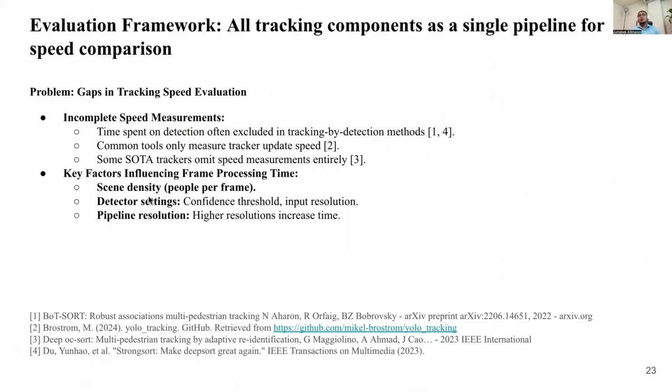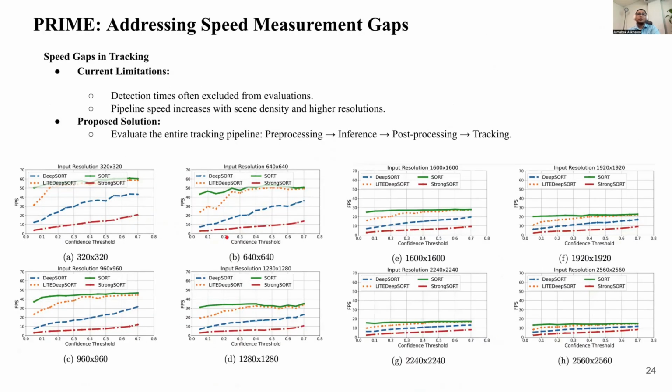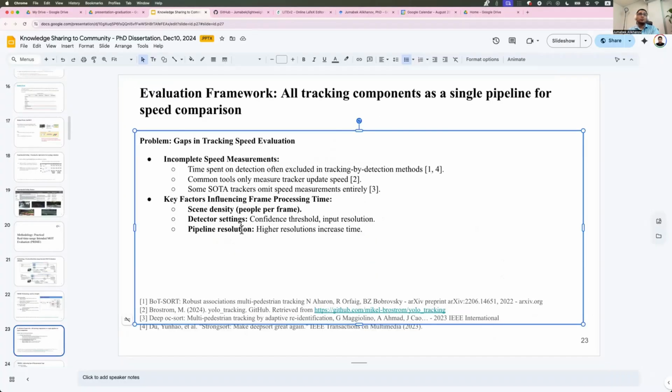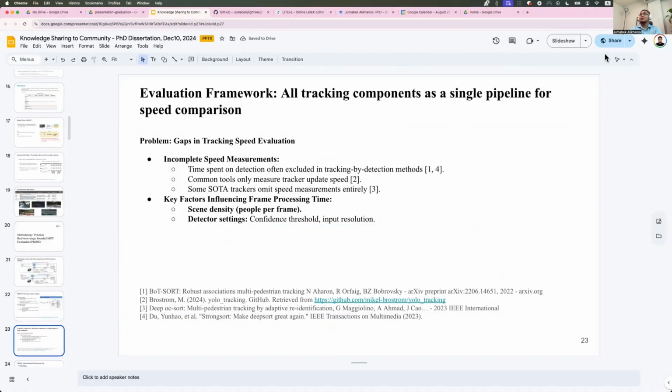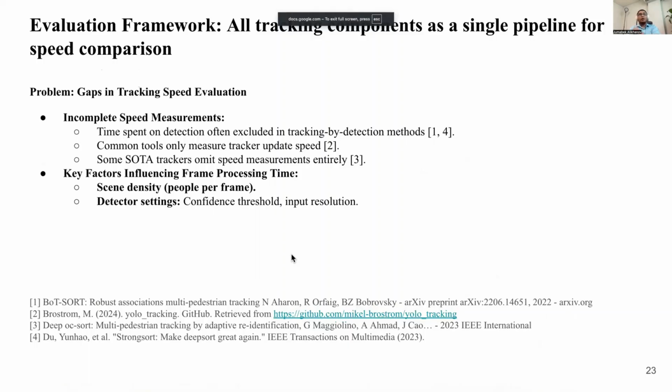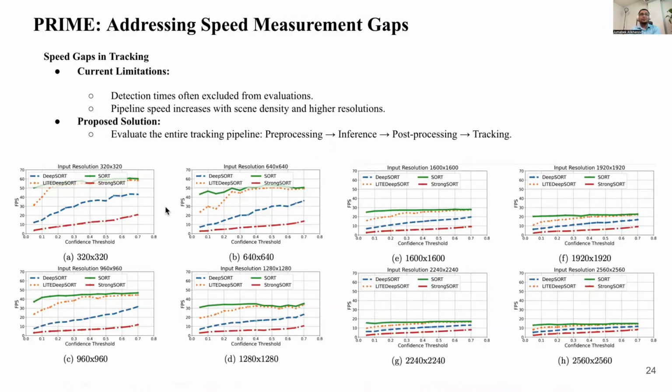Because the pipeline resolution and the input resolution for the detector are almost the same, let me just remove this part. So the key factors are the scene density and the detector settings.